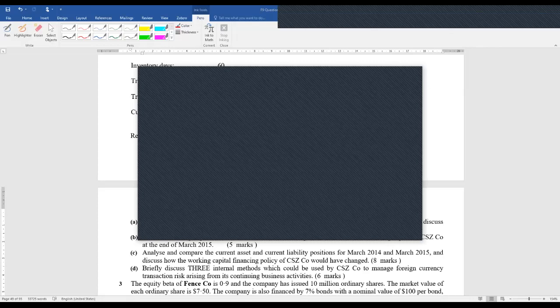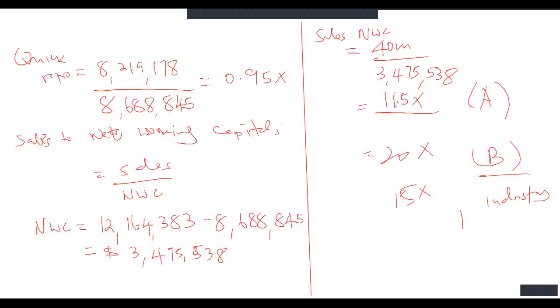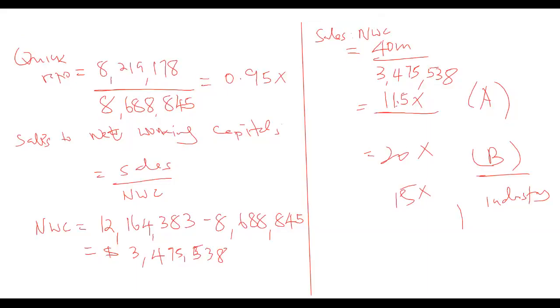Let's start with 2015 because you have the figures here. Current assets of the company for 2015 is 12,464.